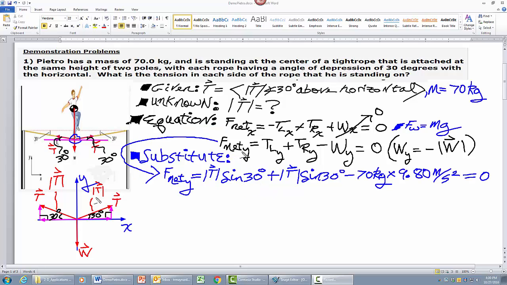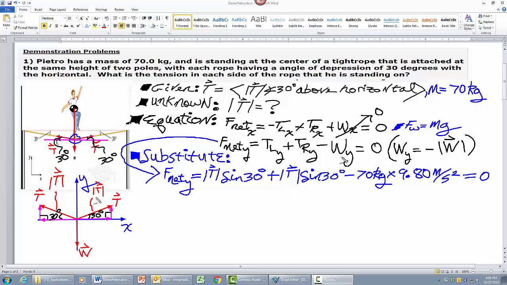Substituting in for F net of y, for the y component of the tension in the left rope, we get the magnitude of that tension times the sine of 30, and that is positive. Plus, for the y component of the tension in the right rope, we get the magnitude of the tension in the right rope, which is the same as in the left rope, so we just call it magnitude T, times the sine of 30 degrees, that is also positive.